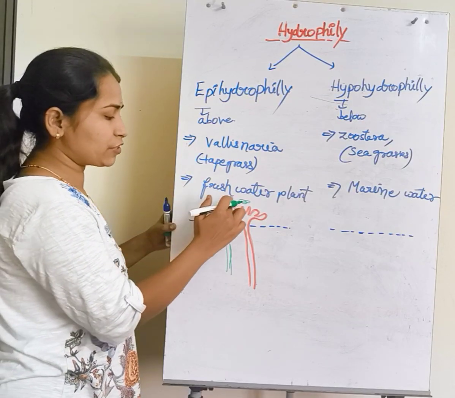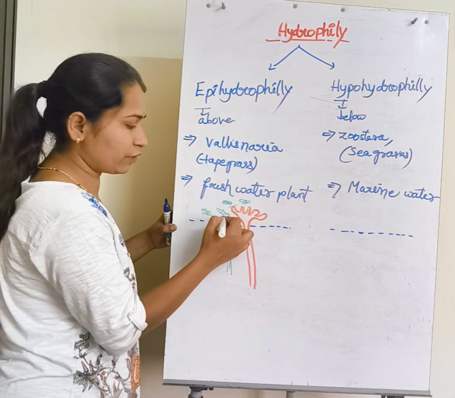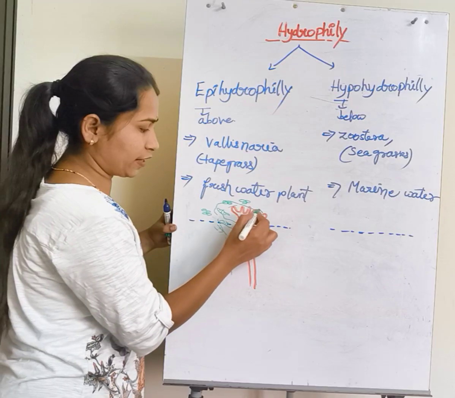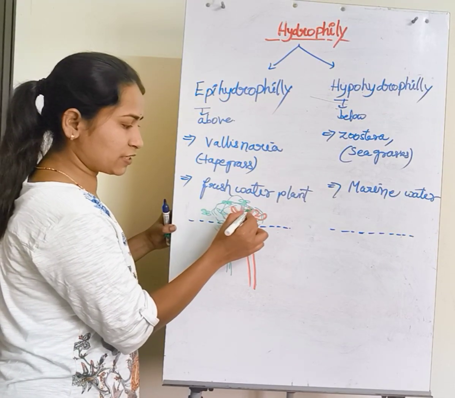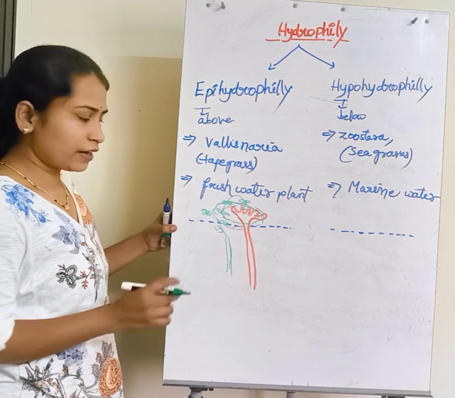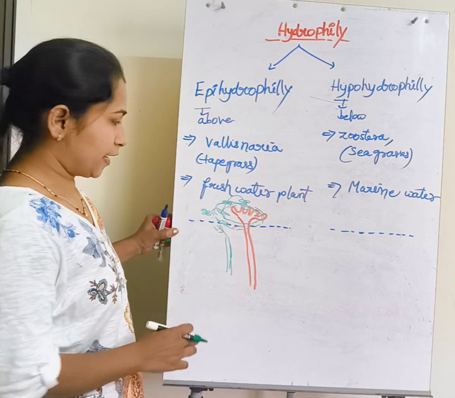The pollination takes place passively with the help of water currents. The pollen grains reach the stigma of the female flower and pollination takes place.